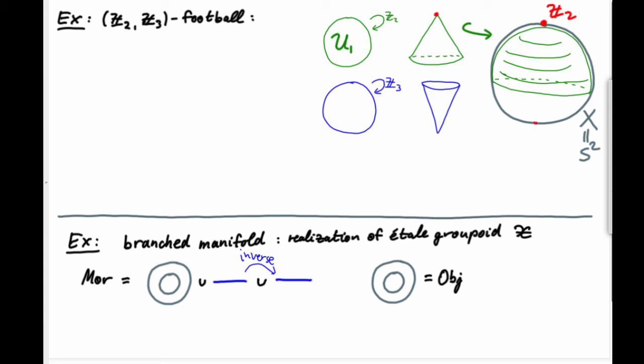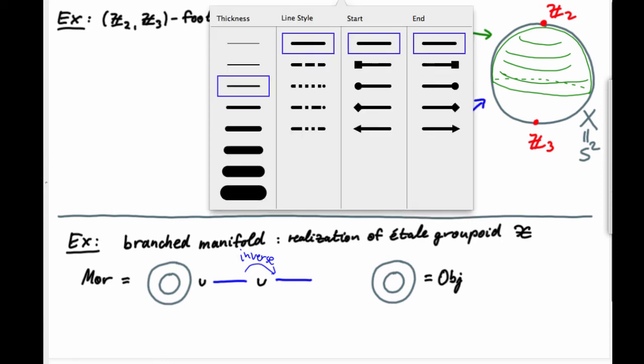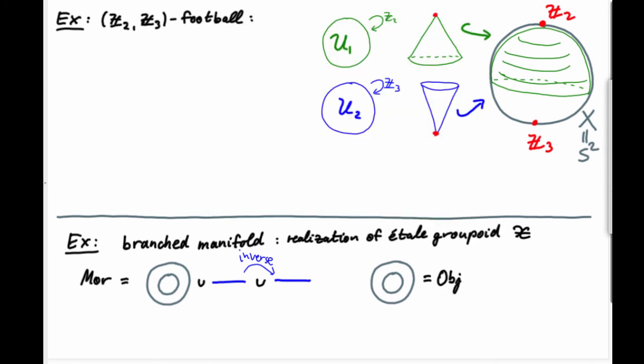And I'm going to make a Z3 singularity down here by simply taking my second chart to be a disk as well with a Z3 action. The quotient is a cone with a somewhat steeper angle, and I can topologically embed that into a little bit more than the lower hemisphere.